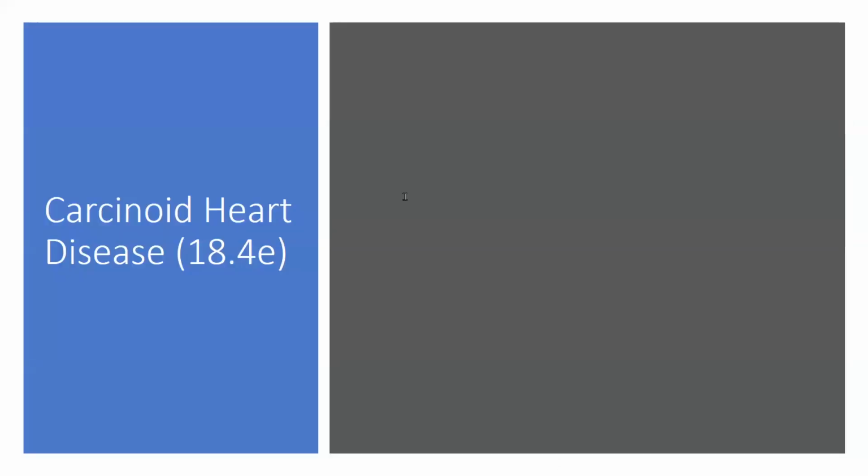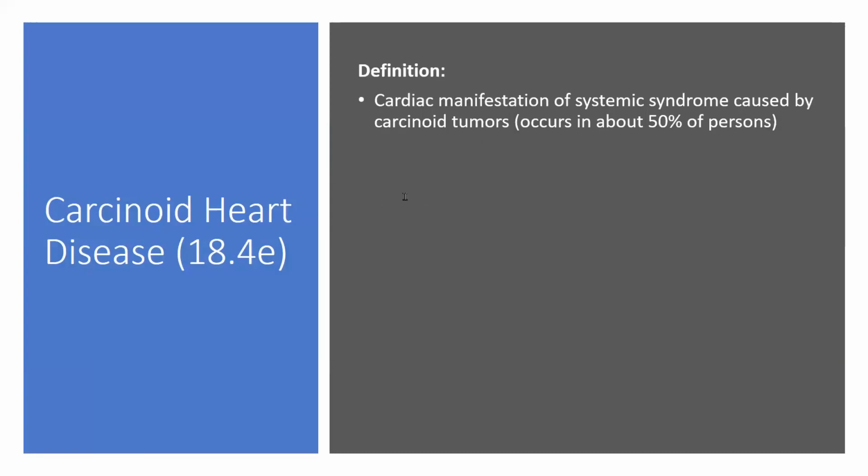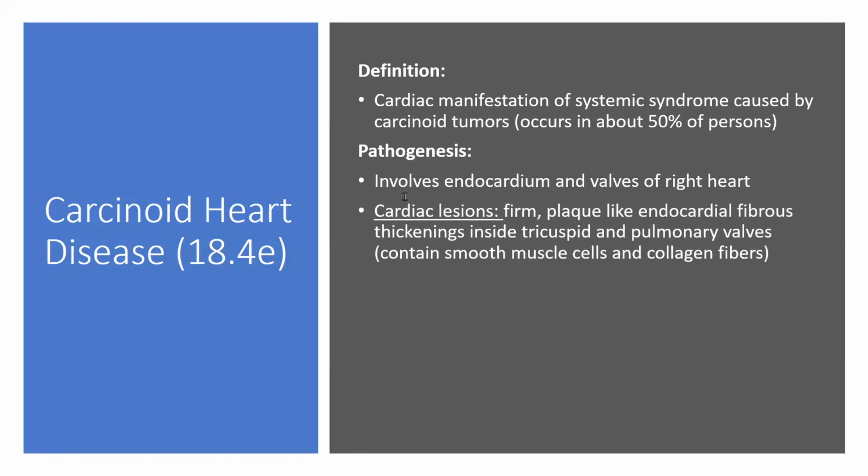The last one in this section is carcinoid heart disease. I just have it on here because it was in the section. This is a cardiac manifestation of a systemic syndrome caused by a carcinoid tumor. You can see it in about 50% of people that have carcinoid tumors, okay? Not in 50% of people. It involves the endocardium and the valves of the right side of the heart. You can see plaque-like lesions inside the tricuspid and pulmonary valves.